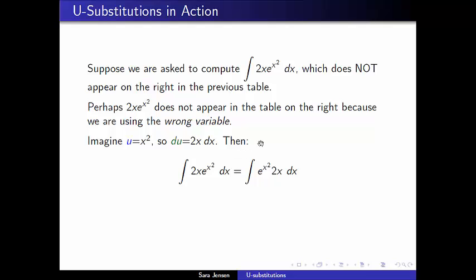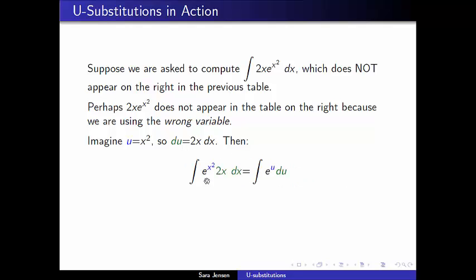Then if I go back and take a look at my initial integral, where I'm being asked to find an antiderivative, if I shuffle around this function a little bit, in particular take the 2x dx and move it toward the end, then we can see a very specific pattern in this integral. This thing that we have written as x squared in the exponent, I could change out directly for the variable u. And this expression highlighted in green, 2x dx, is precisely the right-hand side of this equality.